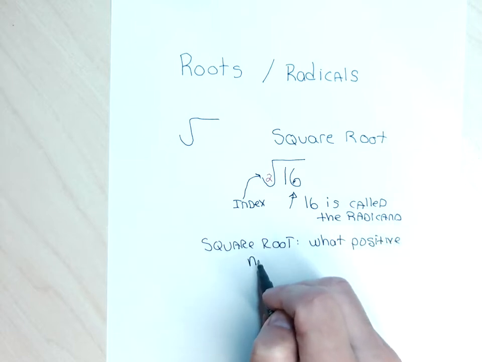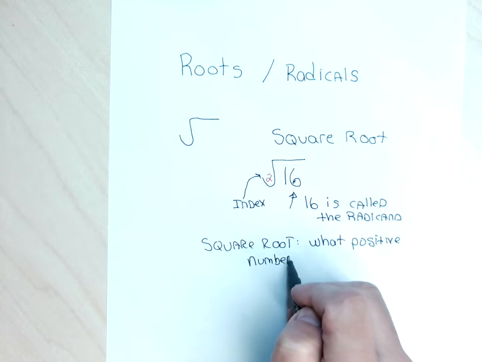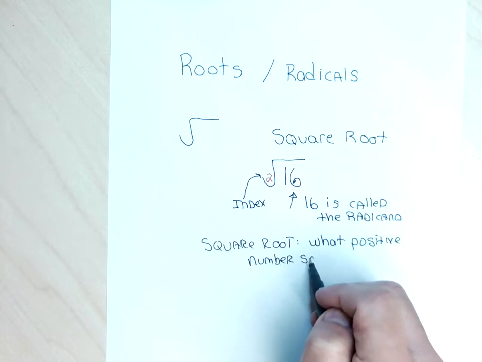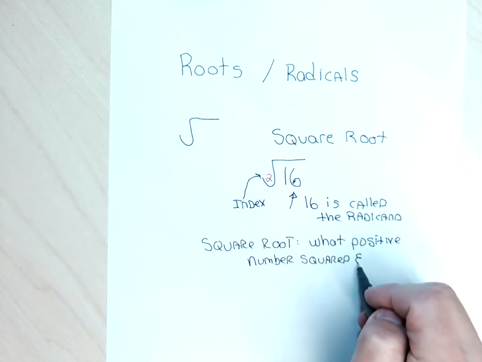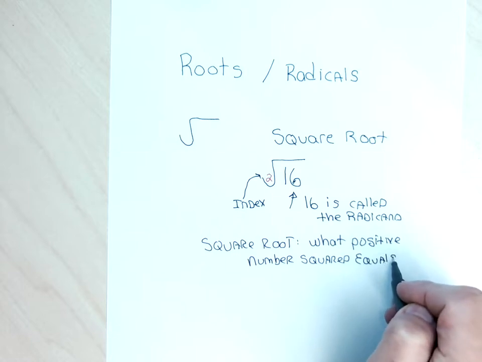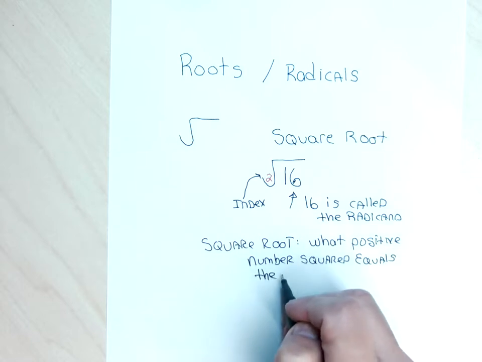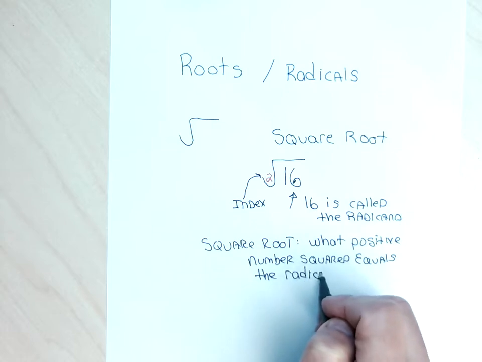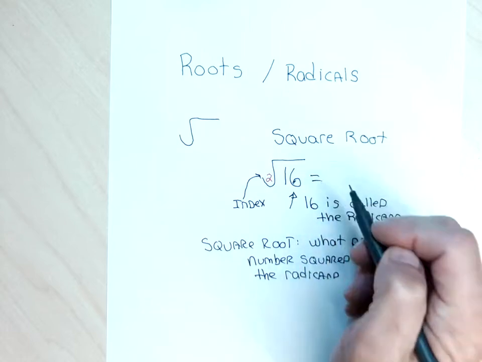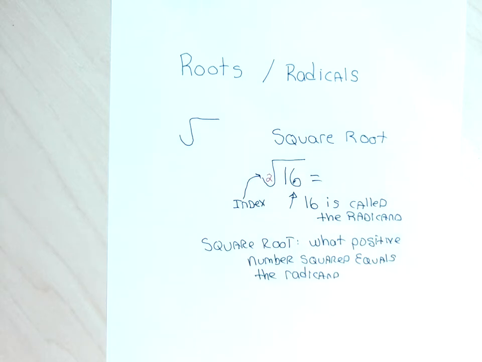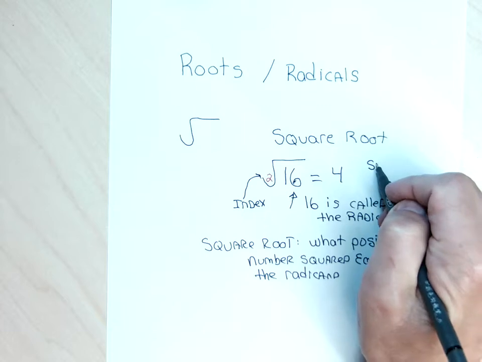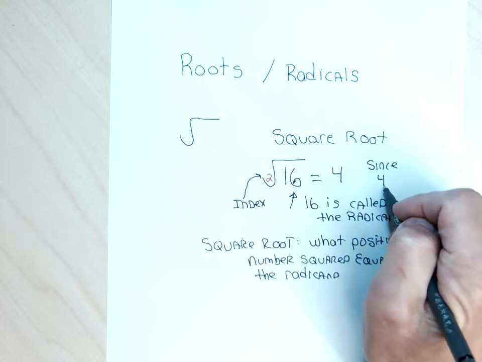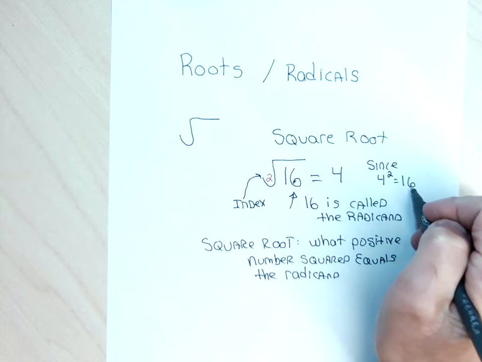Square roots, by that symbol, the square root symbol, want positive results as opposed to negative. And the answer to this, what is the square root of 16? The square root of 16 is asking what positive number squared equals 16, and that's going to be 4, since 4 is the positive number that when you square it, you get 16.